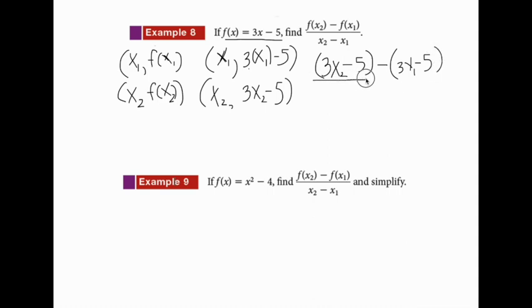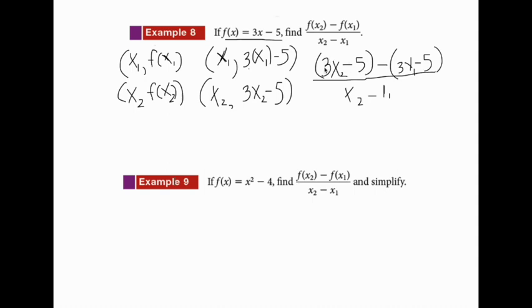And then divide by x2 minus x1. So it looks a little bit weird, but all we're doing is generically stating if I plug in this value of x, whatever that is, x2, in here, this is my corresponding y value, and same thing with the x1. And then from here, we just have to simplify it.